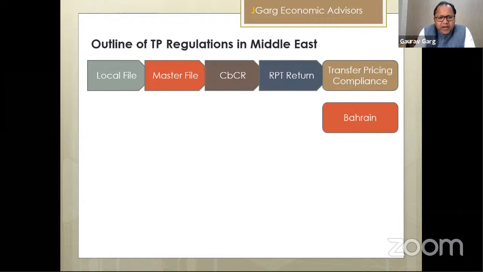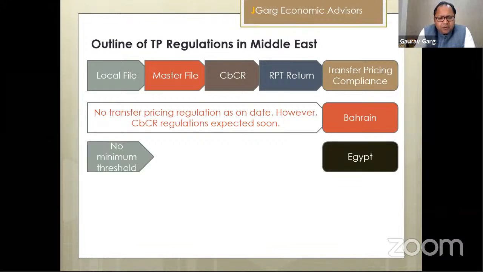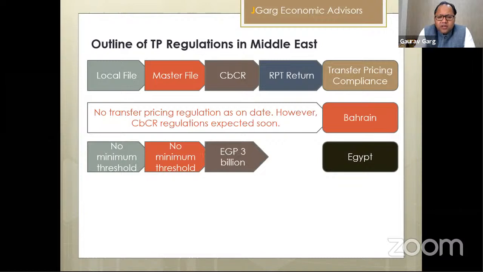If I talk about Bahrain, there is no transfer pricing regulation as on date. However, country by country regulations are expected soon. If I talk about Egypt, we do have local file, but there is no minimum threshold. We do have master file, but there is no minimum threshold. For CBCR it is 3 billion, and we do have RPT written form.